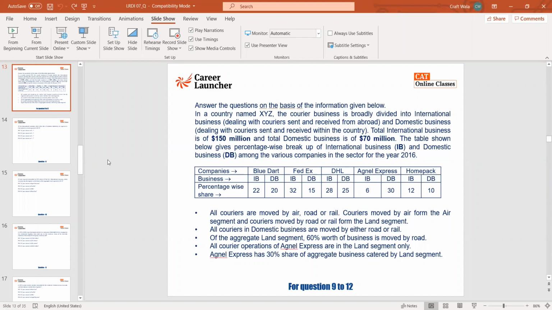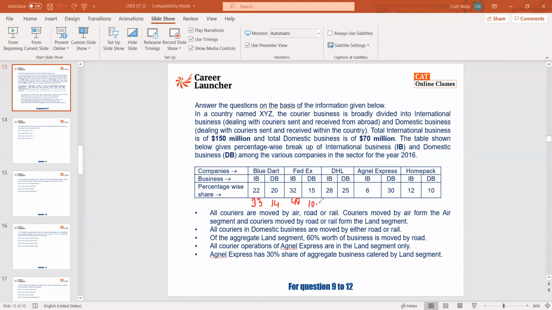So if I wish to calculate, I can write the numbers here. So his international business is 22% of 150, so 22% of 150. I'll write the numbers here itself. So this is 33. This will come 14. This will become 48, 15%.